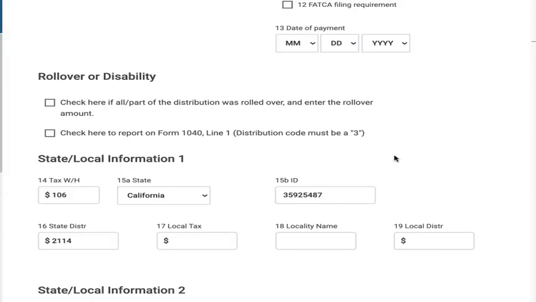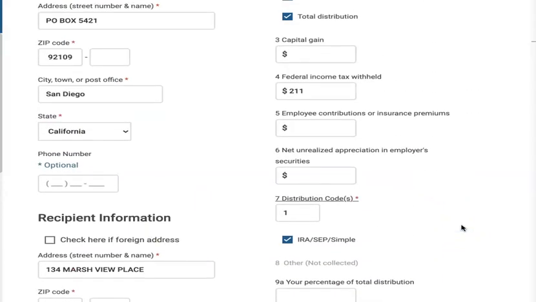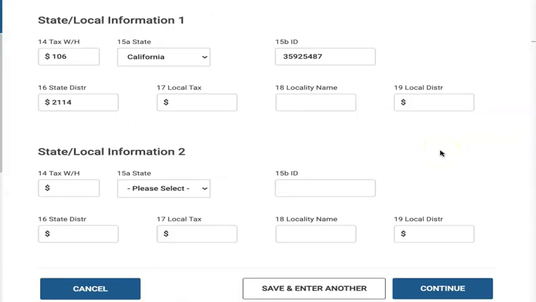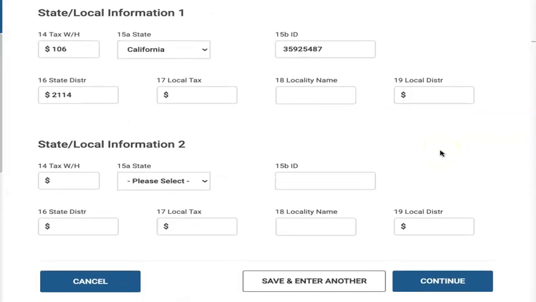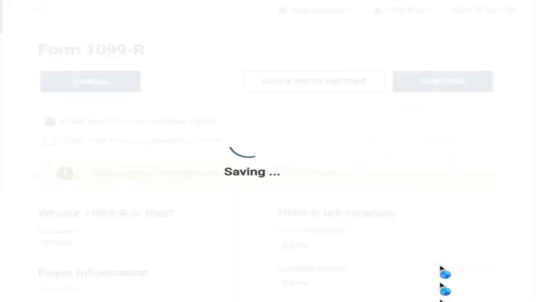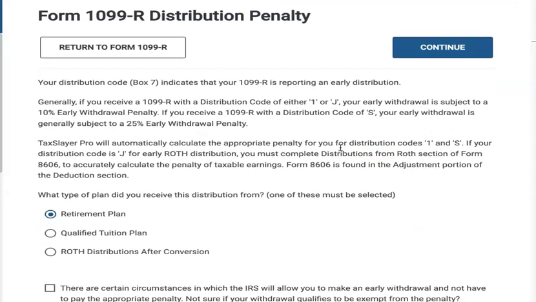There was state withholding, $106 in California, so this section in the bottom half is required. Usually if there's state, there's federal. Yes, there was also federal withholding, so that information was entered. After you put this information into TaxSlayer, you click on Continue, and you get this screen, which talks about the penalty.